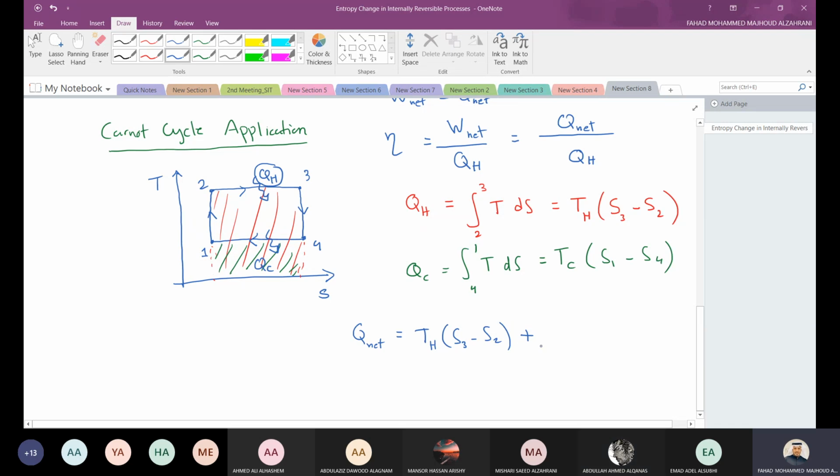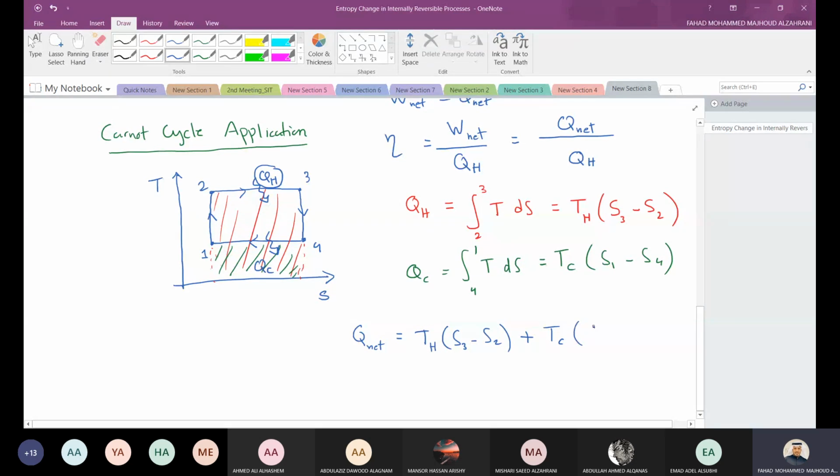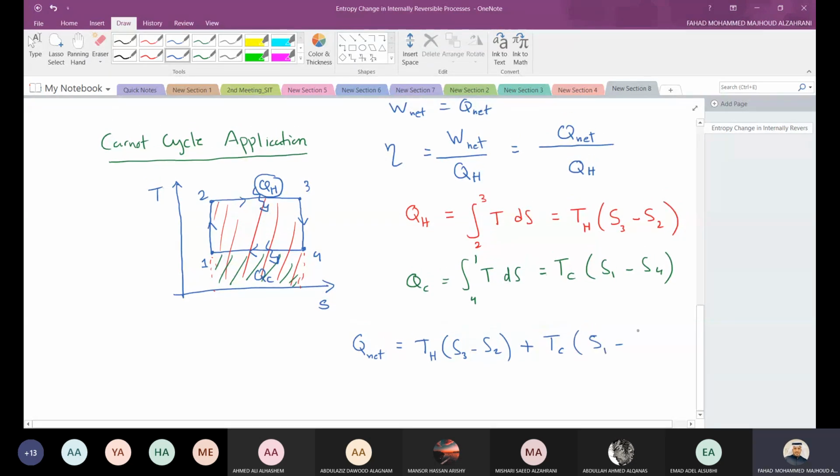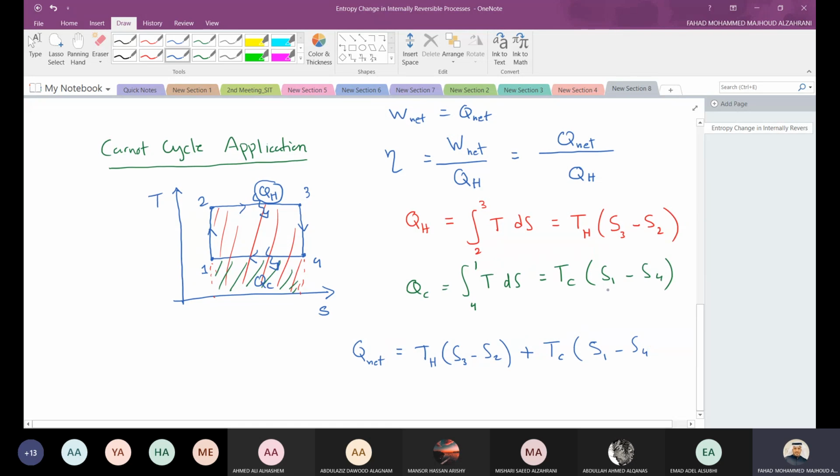If I put from 1 to 4 I would put the minus, but it's already flipped. Exactly. So I already put it, so now I want to find the total with Q cold, so S1 minus S4. Let me rewrite it: minus T cold times S4 minus S1. Okay.